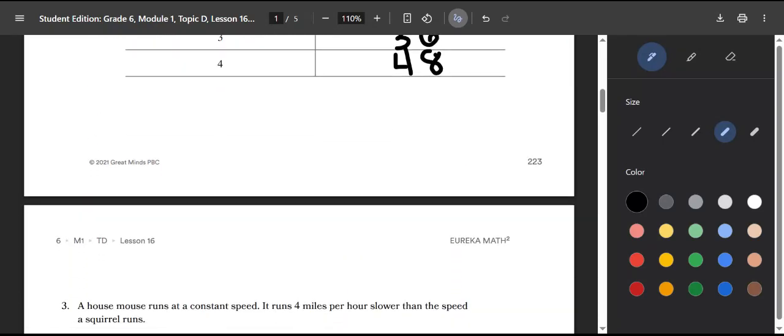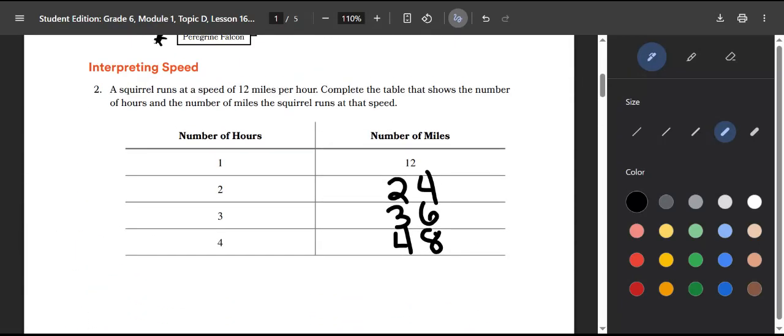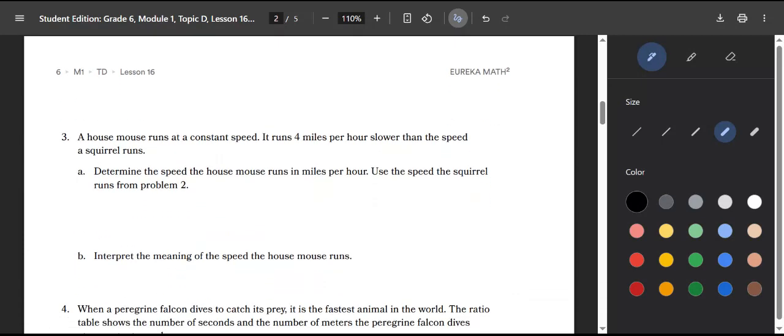So when it asks us for a speed, we're going to give it in miles per hour.